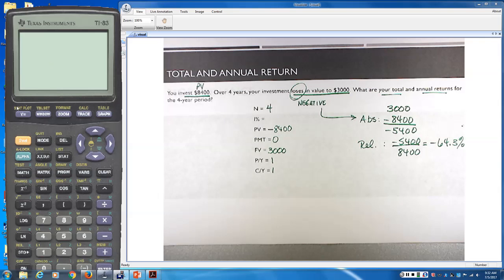Now, as far as your interest rate on that one, it's negative 22.69%.